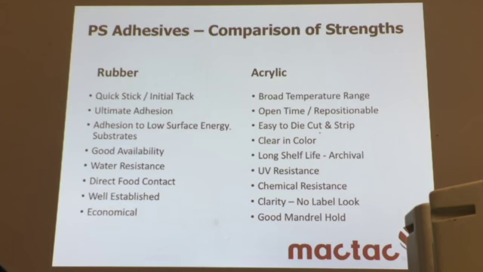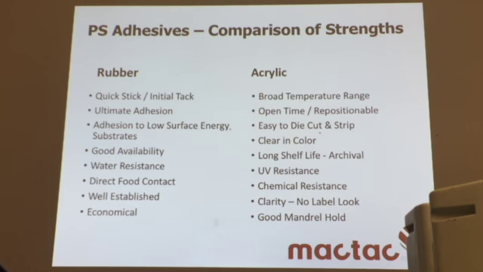Rubber-based, just as it is described, is made from synthetic rubber. One of the characteristics of rubber-based is high initial tack. As soon as you apply it, it's stuck. It's going to be really hard to peel off. There's no open time or repositionability, meaning that if you misapply it and try to peel it off, it's not going to happen.